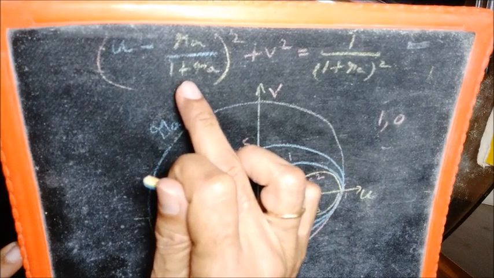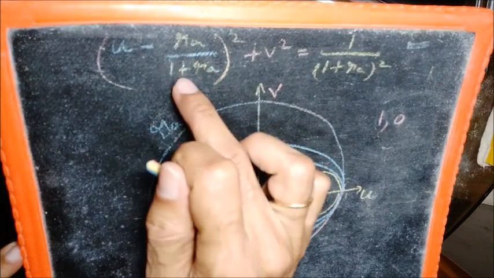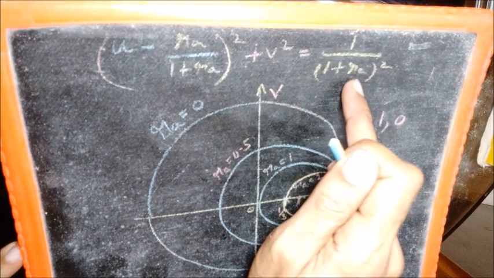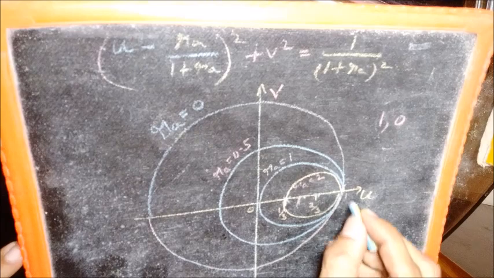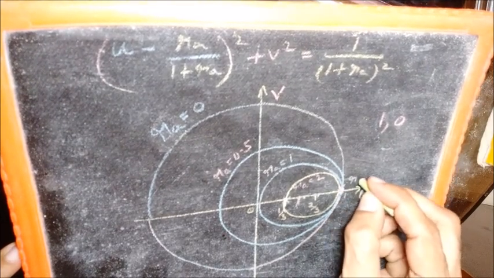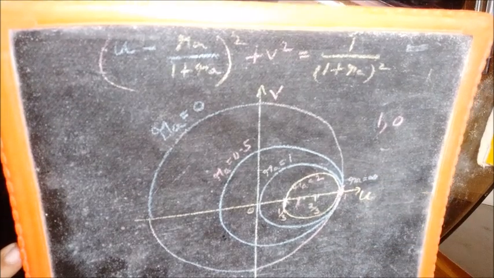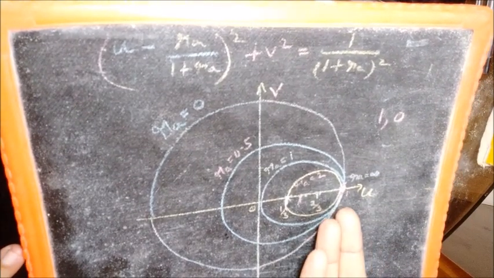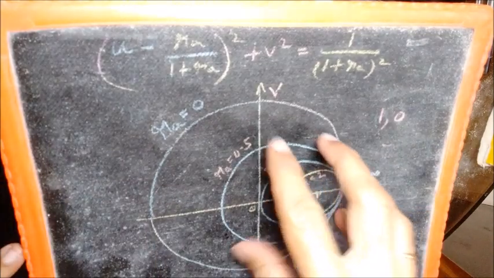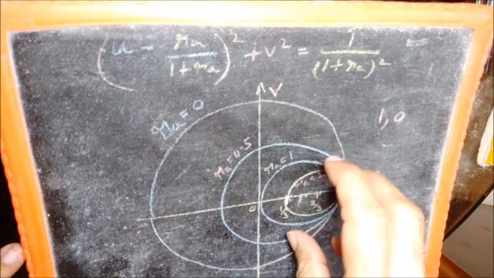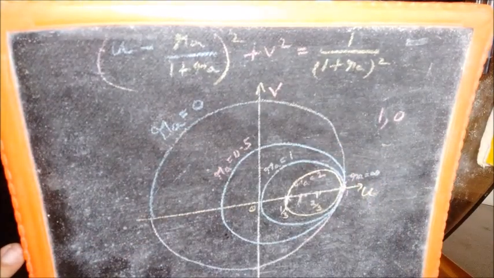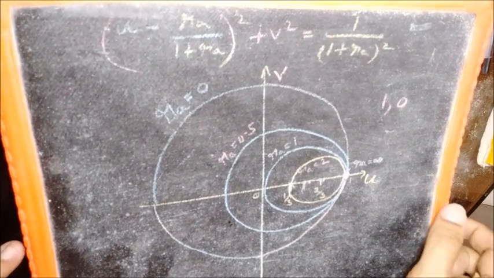As RA becomes larger and larger, this approaches 1. Center is at 1, 0. And the radius is 0, which means that it is a point here. So the point here corresponds to RA equal to infinity. And you can see as RA value decreases, the circle starts to have larger and larger radius, and its center starts to move along like this till you reach RA is equal to 0. So that is the first part.